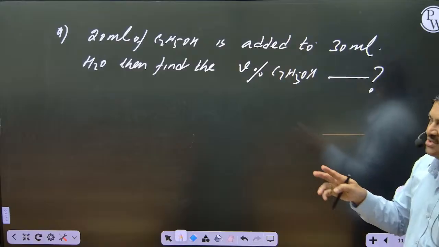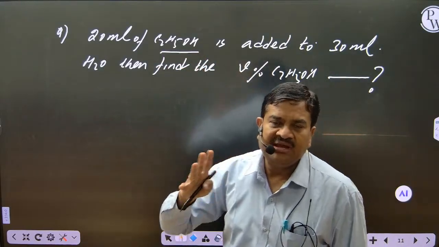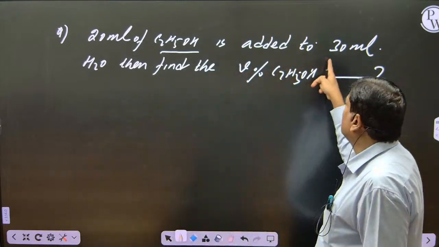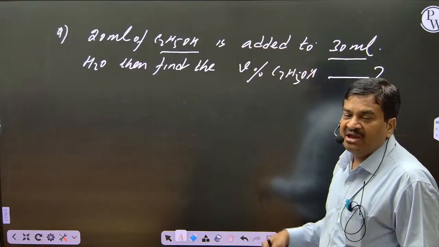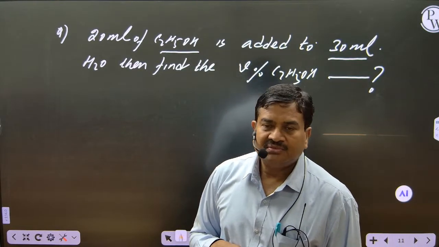Question understood? Simple. He has taken 20 ml ethyl alcohol, and to that he has added 30 ml of water, to make it 50 ml of solution. So in that, what is the volume percent of ethyl alcohol?